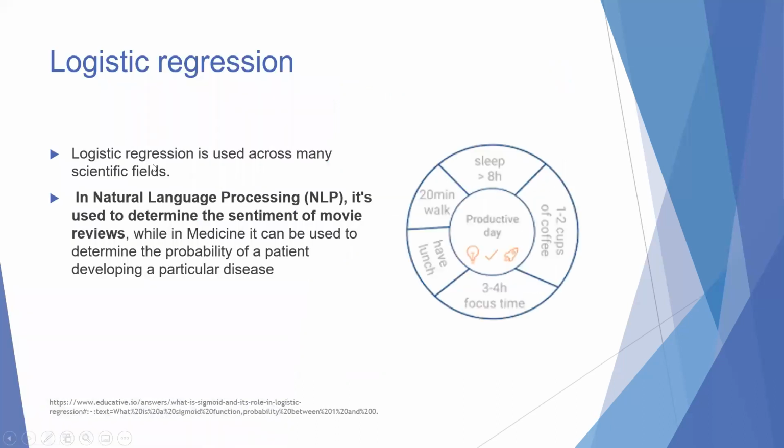Like in natural language processing, logistic regression is used to determine the sentiment of movie reviews, while in medicine, it can be used to determine the probability of a patient developing a particular disease. So, logistic regression is widely used in many scientific fields.